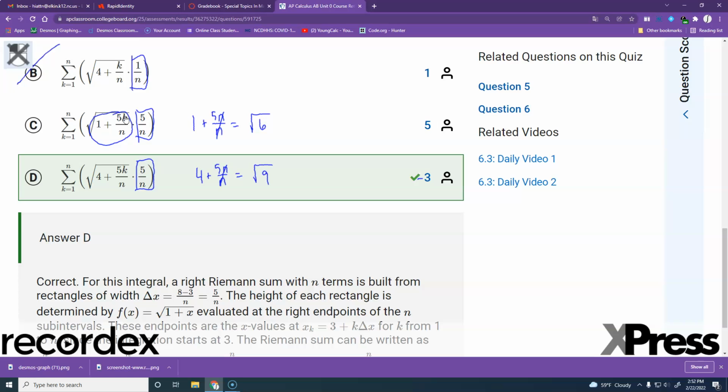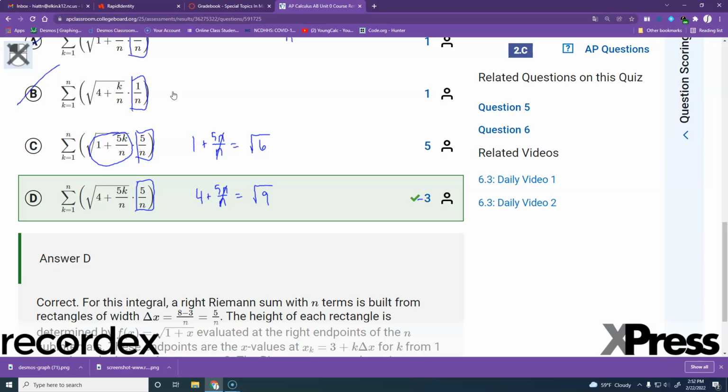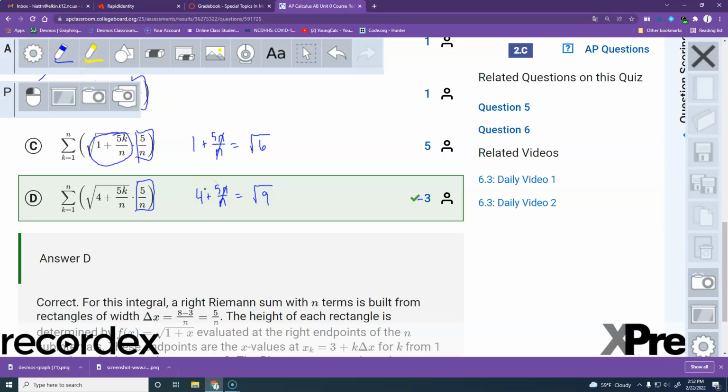Why do you want it to be 8? Why is 4 equal the square root of 9? That makes sense, but I don't. Because the n's would cancel right there. I wasn't writing 4 plus 5. Holy crap, I'm an idiot. Yeah. I got you. So that's just simple addition. Yeah. Wow. Yes. 1 plus 5.